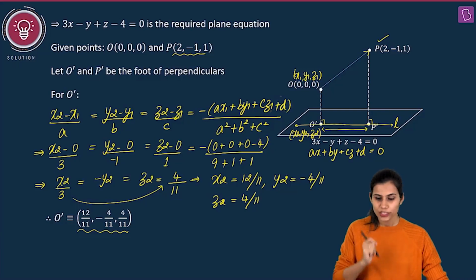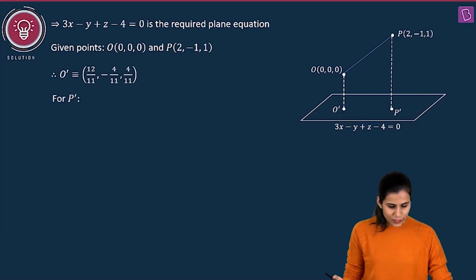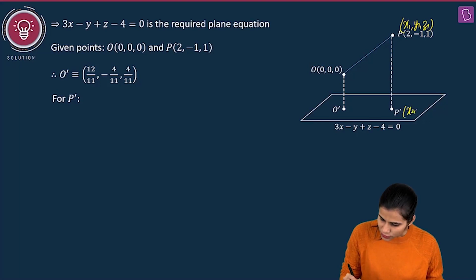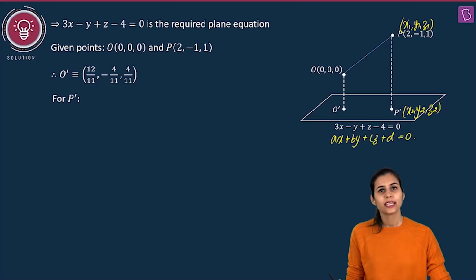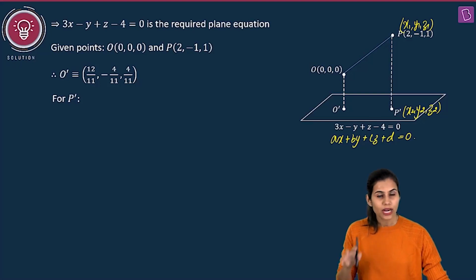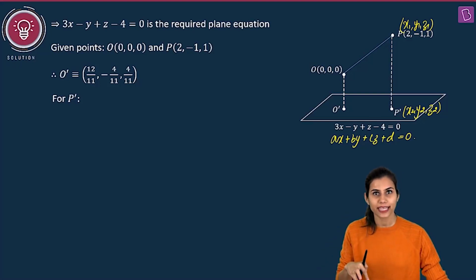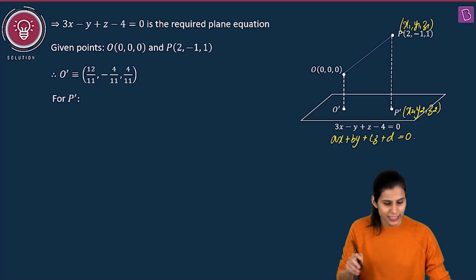Exactly in the same manner, we are going to compute the coordinates of P dash. All right, so let's start. Now, this is x1, y1, z1, and this is x2, y2, z2, and again this is ax plus by plus cz plus d equals 0. So if x2, y2, z2 are the coordinates of the foot of the perpendicular drawn from point P onto this plane, then what is the relationship which will be satisfied?